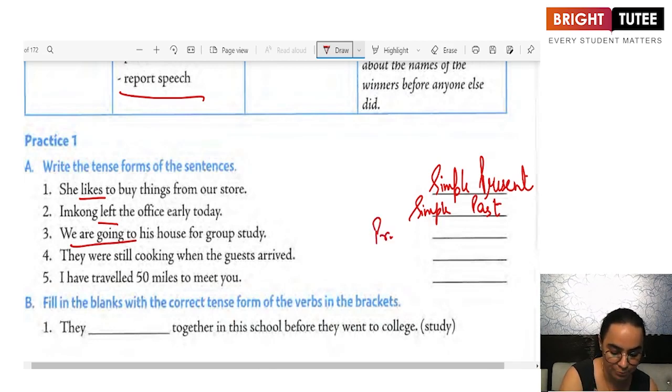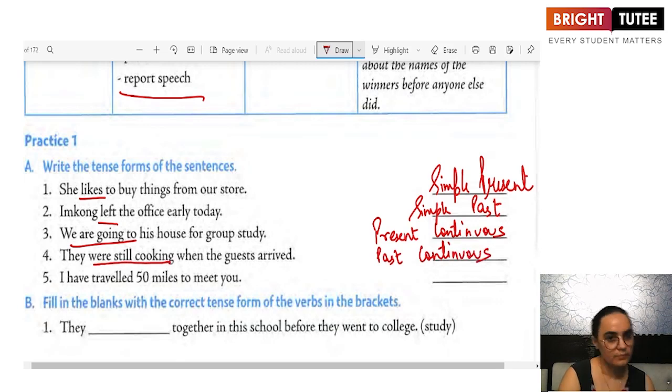So this is present continuous. They were still cooking, were cooking. So past continuous. I have traveled. So this is the present perfect.